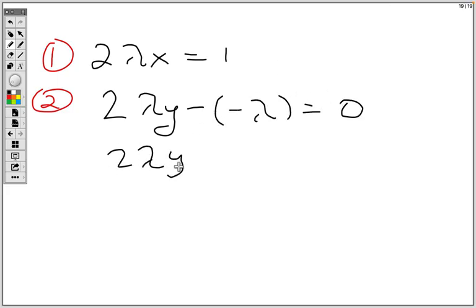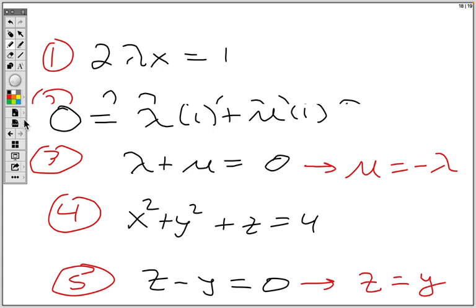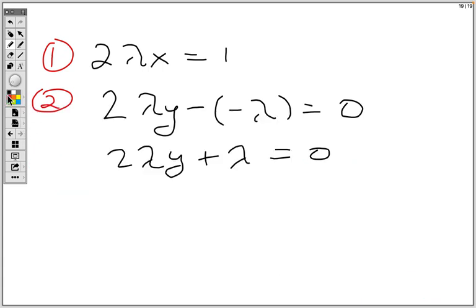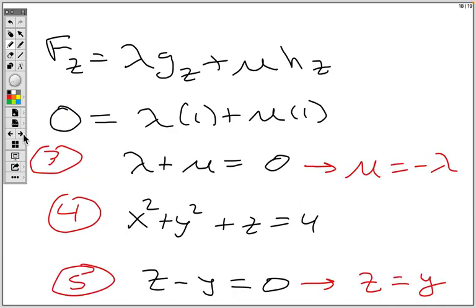So it'd be 2 lambda y plus lambda is 0. Equation 4, I would just sub in z as y. So I'd have x squared plus y squared plus z, which is y, equal 4. So now I've gone from 5 equations and 5 unknowns down to 3 equations and 3 unknowns.